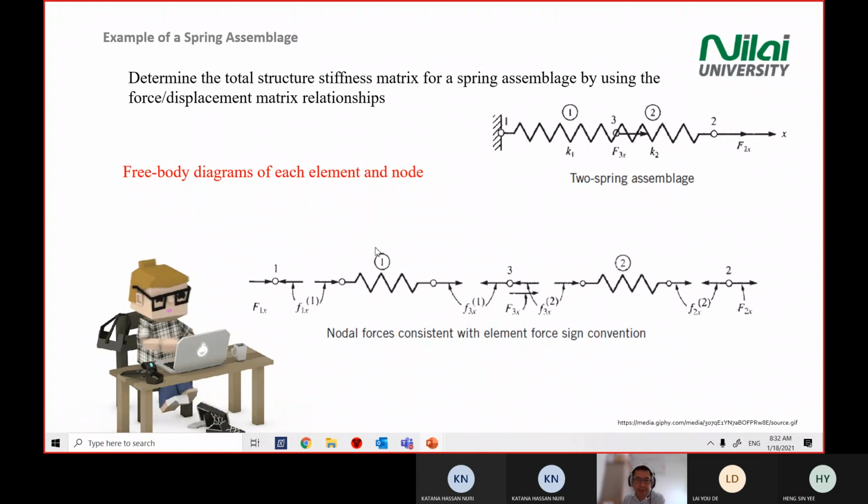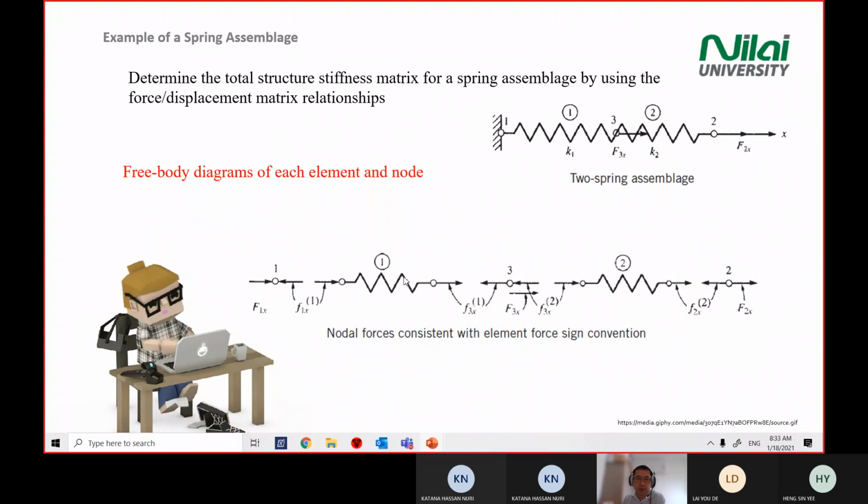So first diagram, second diagram, third diagram is node number 3, which is this one. Then followed by spring number 2, which is this one, spring number 2 with 2 nodes. And then the individual node of number 2. So we break the 2 springs here into 1, 2, 3, 4, 5.